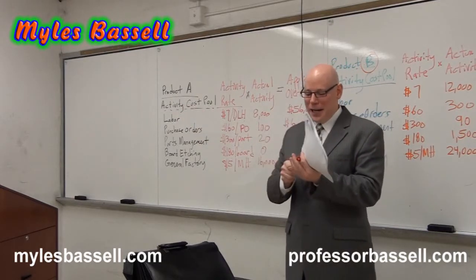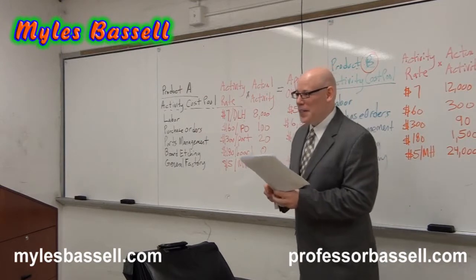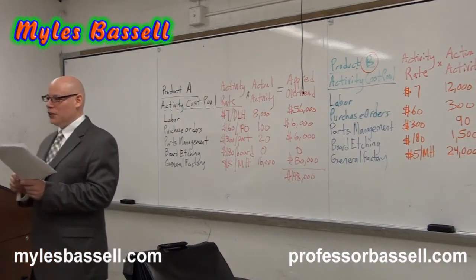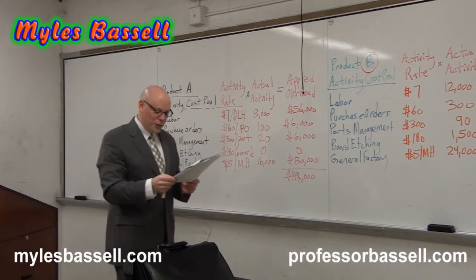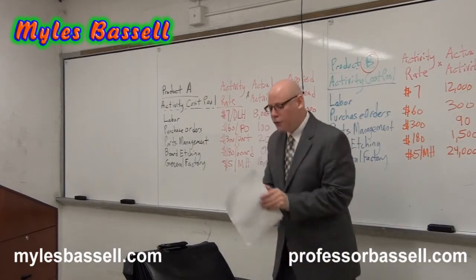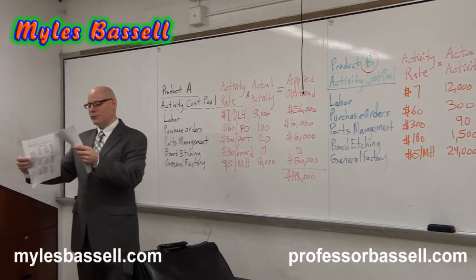How many got 456,000? All right, 456,000 is the right answer. How many got 762,000? Okay, so 456,000 for product C, and for product D, what did we get?